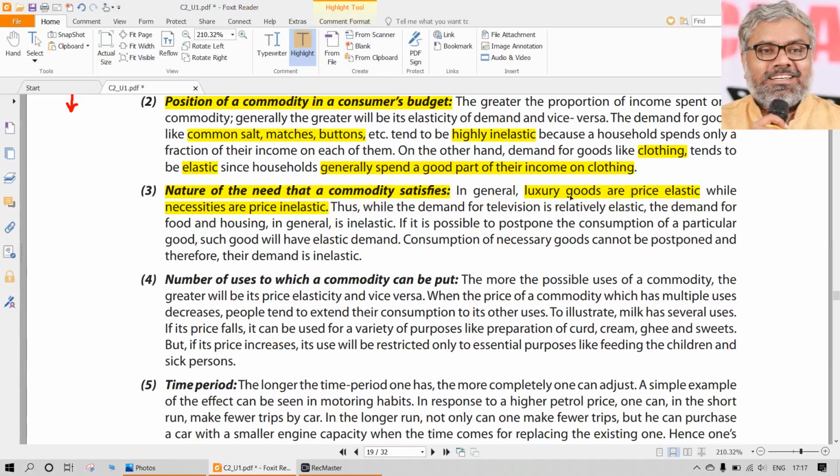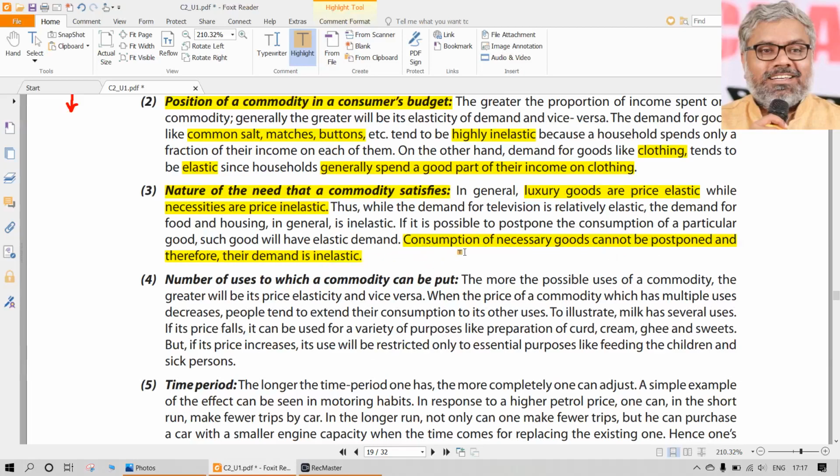So in general, the conclusion can be here: luxury goods can be price elastic, comforts, luxuries can be price elastic, necessities are price inelastic, because necessities consumption cannot be postponed. Simple. That is why their price elasticity of demand is inelastic. So there is not much price elasticity of demand for necessities.